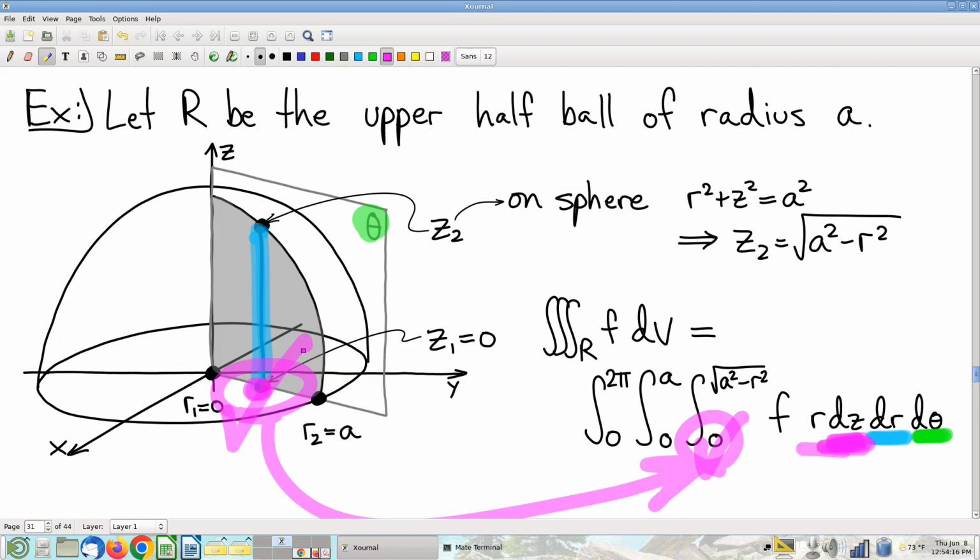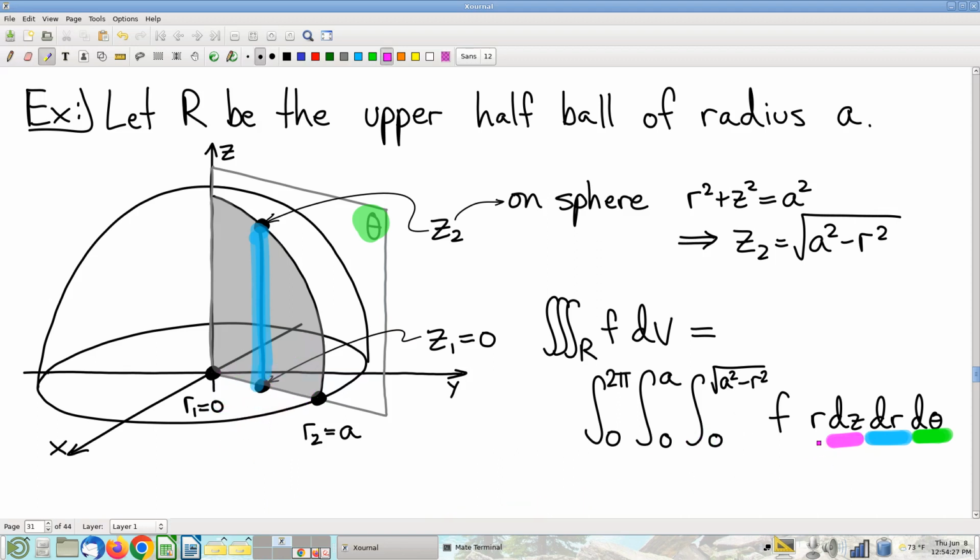So the picture is just critical. It's highly, highly important. Make sure to give yourself a good picture. Okay, so the lower bound is 0. The upper bound, now this one we have to do some work. There's the point representing the upper bound for z.